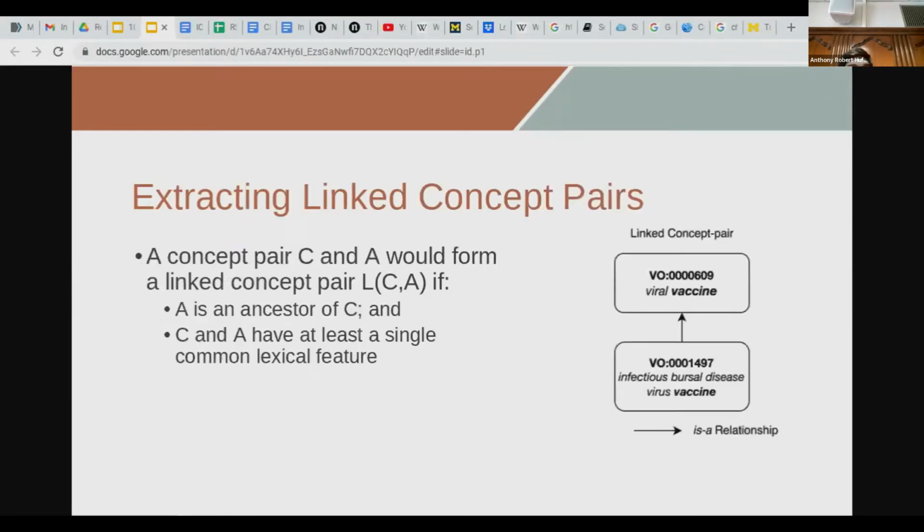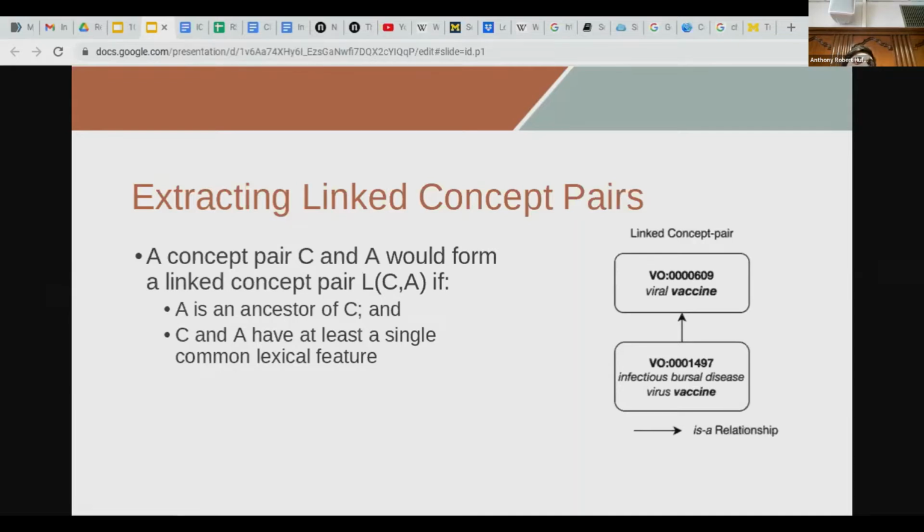How we extract linked concept pairs is fairly simple. Since we already have the ancestral data passed from OWL-ready2, we look into two requirements to classify two concepts as a linked concept pair. Essentially, one has to be an ancestor of the other.